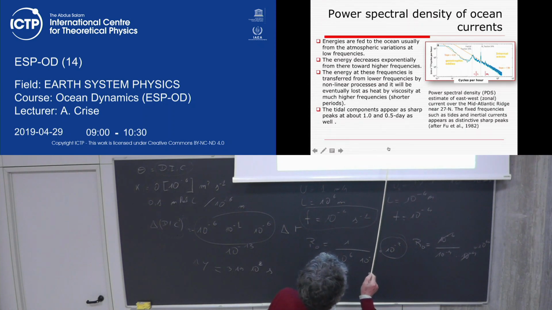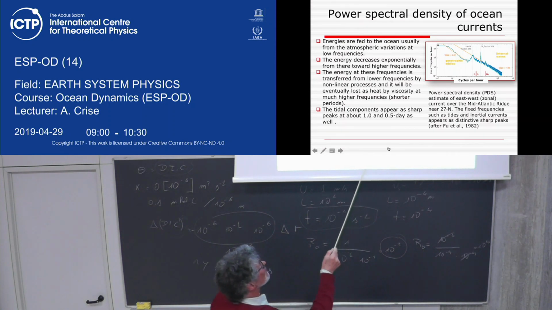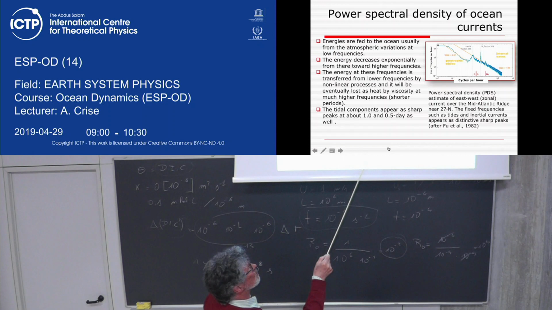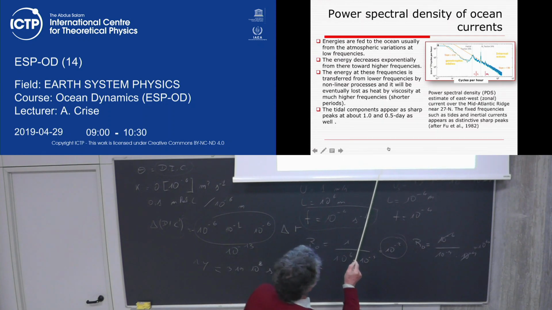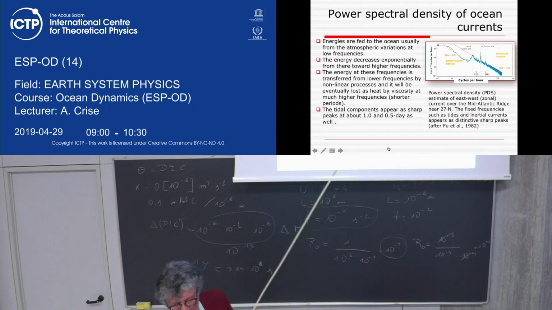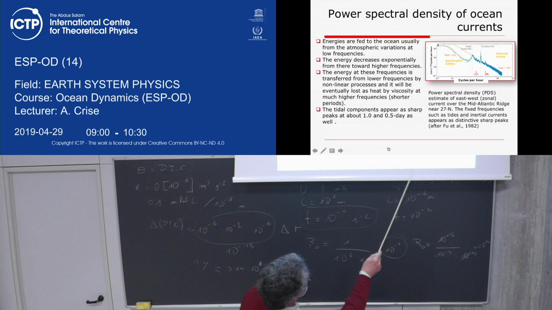And this is in terms of velocity squared divided by cycles per hour, which is proportional to power. That's why this is called a power spectrum.